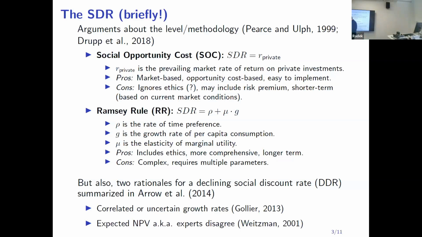You look at a portfolio of stocks, the S&P 500, or specific individual companies. If you work in the energy sector, maybe the rate of return of a portfolio of energy companies, any privately traded investment, and you set the social discount rate equal to that rate of return on that private investment.